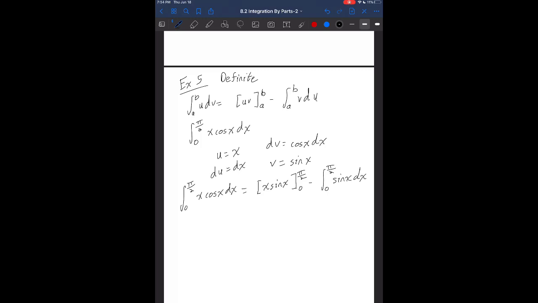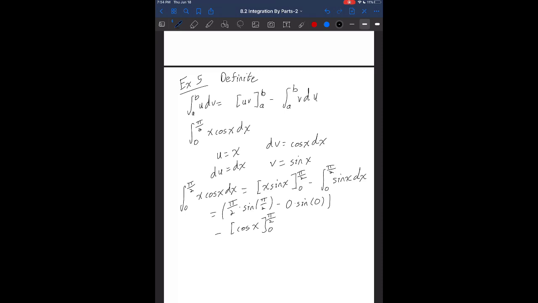Great. So taking these and figuring out what they're equal to, we have that this is pi over 2 times sine pi over 2, minus 0 times sine of 0, and then all subtracted from the integral of sine of x, so this is going to be now negative cosine of x evaluated from 0 to pi over 2.